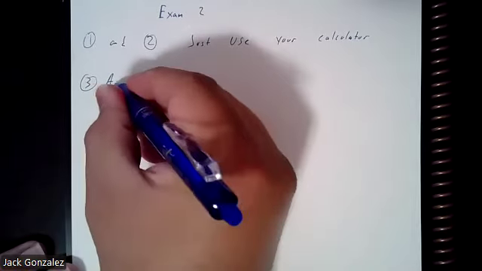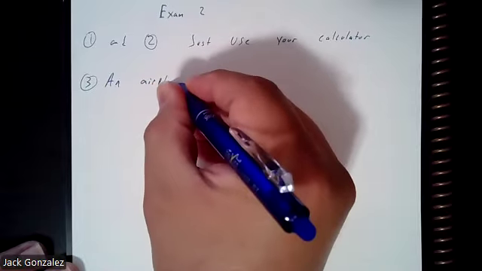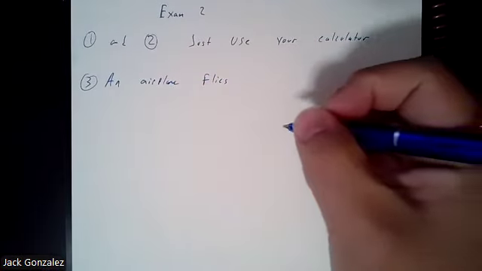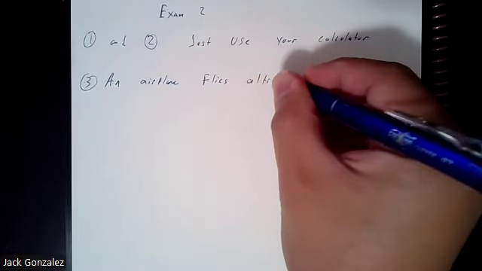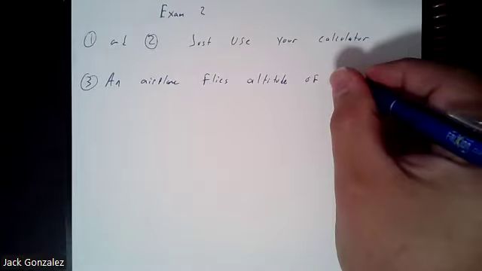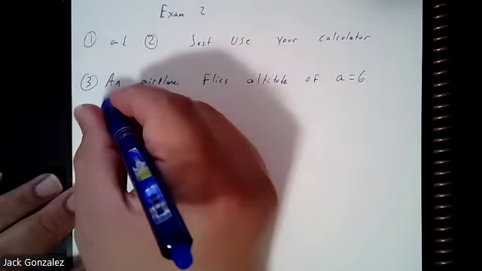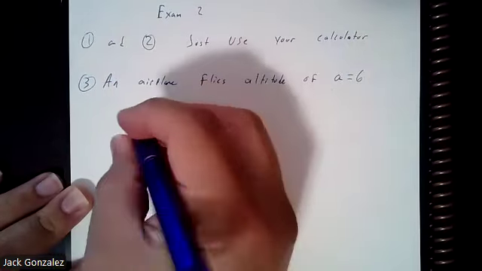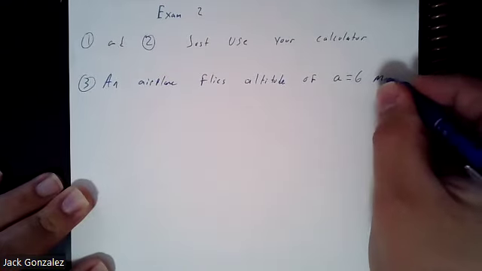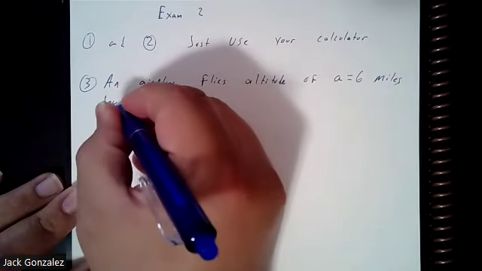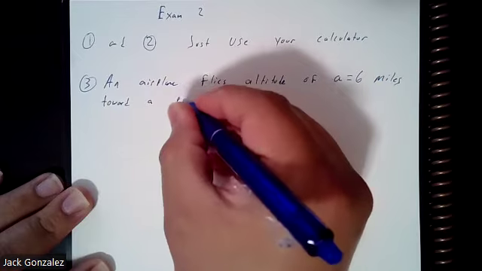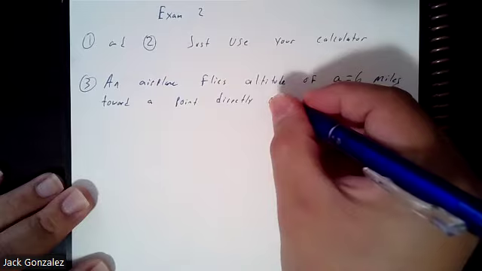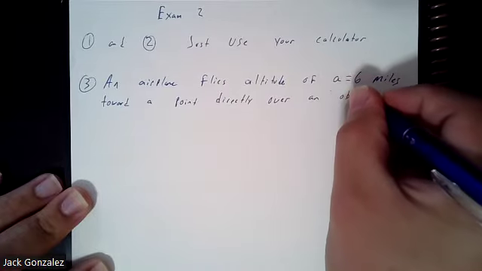Let's see. So an airplane flies at an altitude of A equal to 6 miles toward a point directly over an observer.